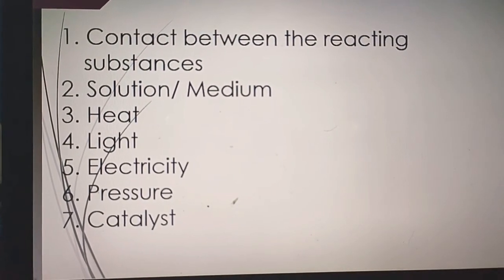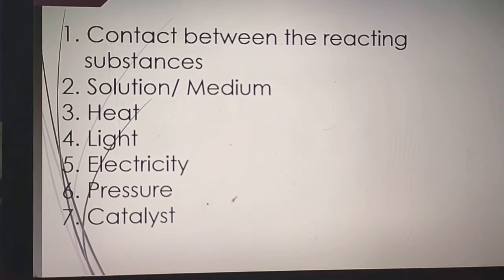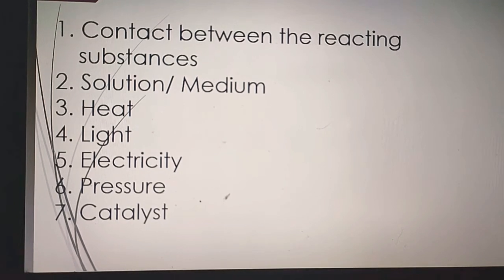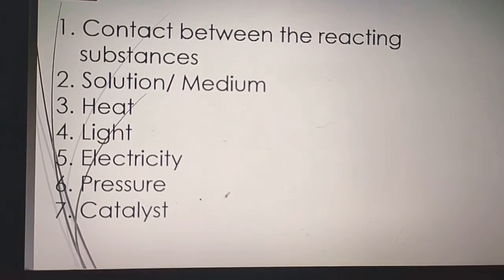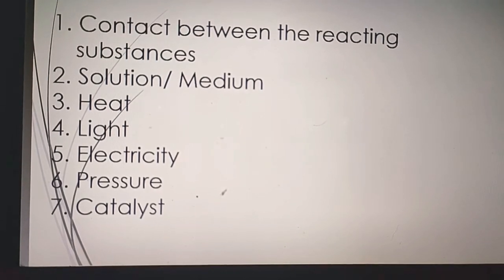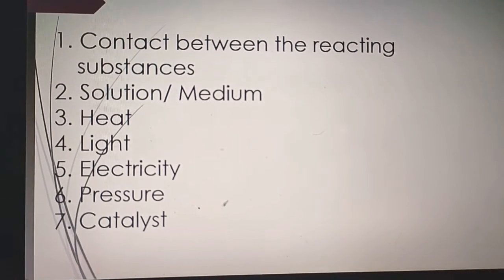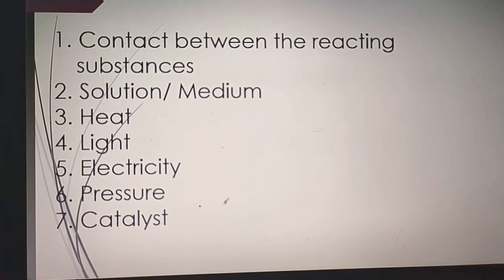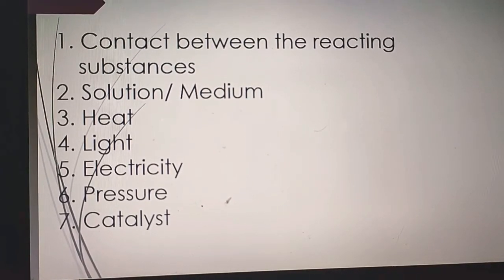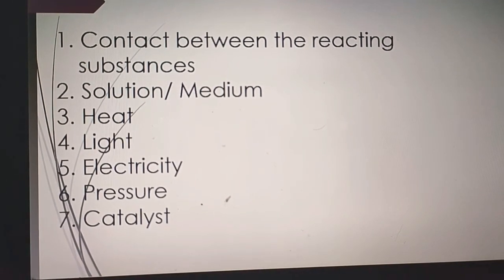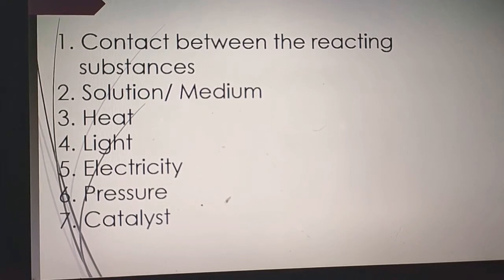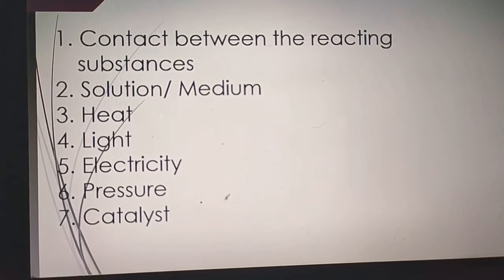Now the seventh is catalyst. You all know what a catalyst is: a substance which increases the reaction rate without getting consumed in the process. The presence of a suitable catalyst makes the reaction proceed faster. For example, if you heat potassium chlorate at 600 degrees Celsius, potassium chloride and oxygen gas are released, which is a slow reaction.